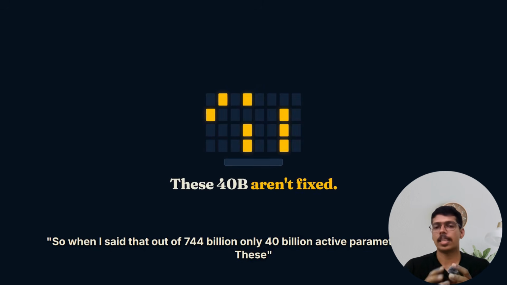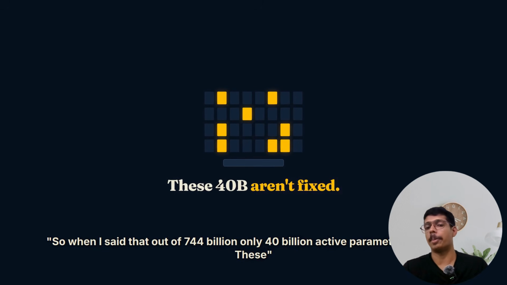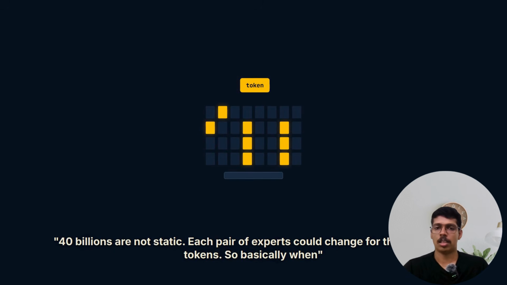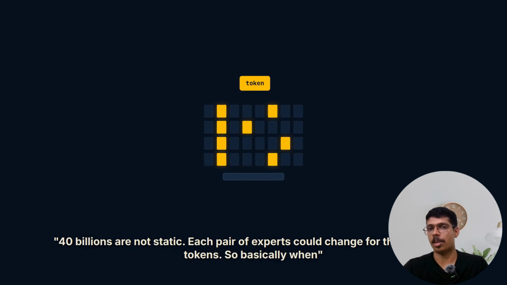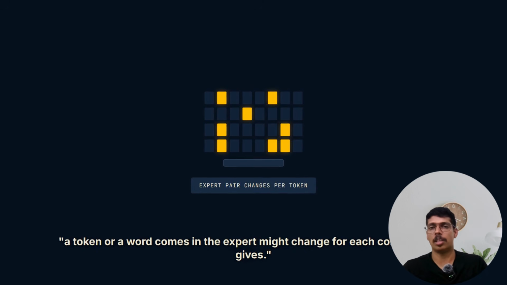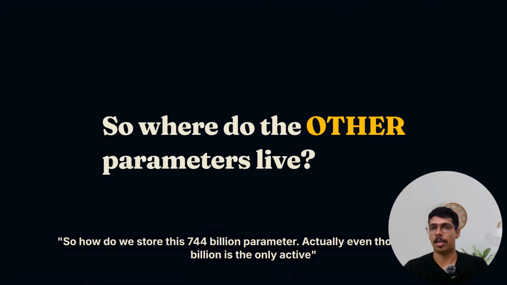So when I said that out of 744 billion only 40 billion are active parameters, these 40 billion are not static. The experts could change for the upcoming tokens. Basically, when a token or a word comes in, the experts might change for each context. So how do we store the 744 billion parameters?